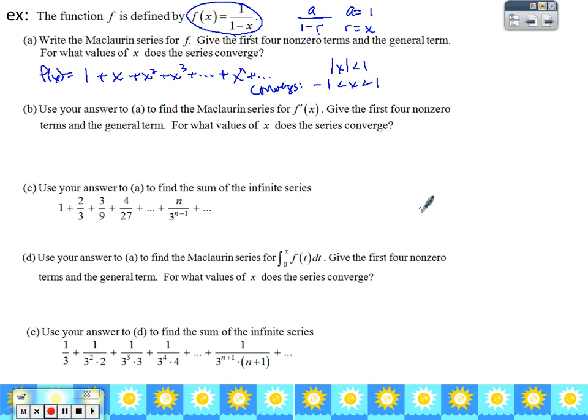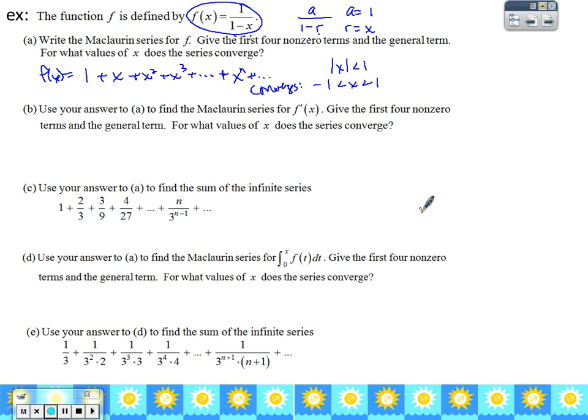Now, we want to use the series that we got for f prime of x. We want to take the derivative of that series. The most straightforward thing to do would be to take the derivative of each of the terms.